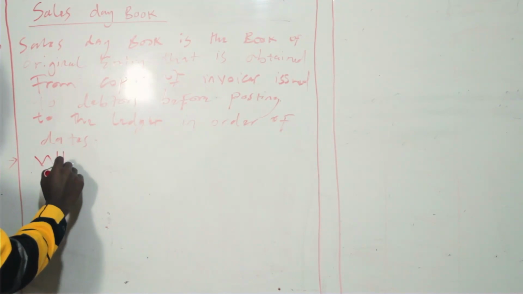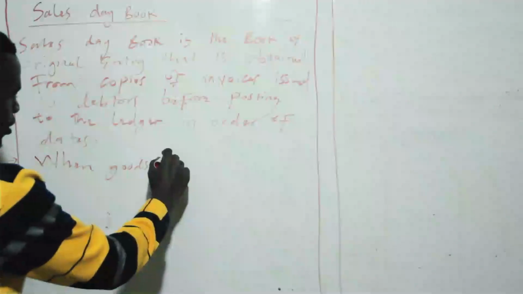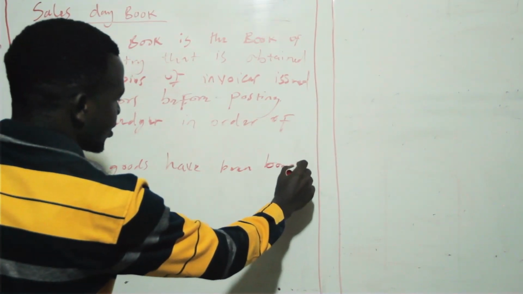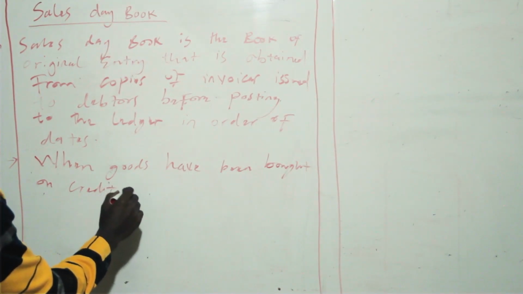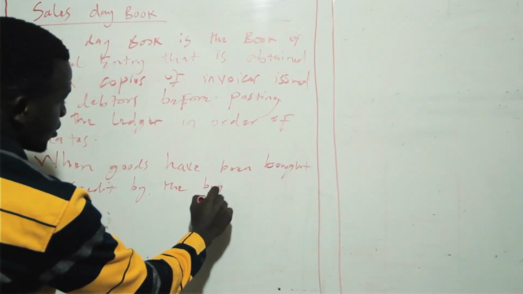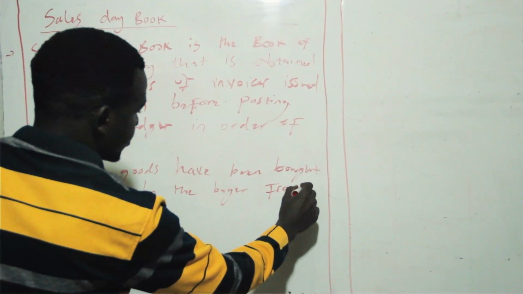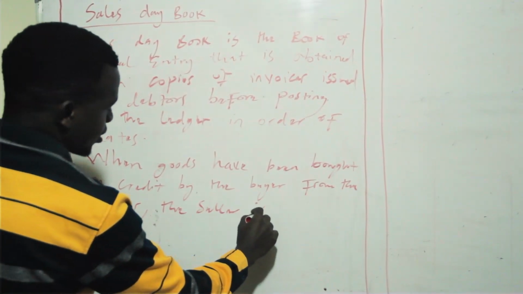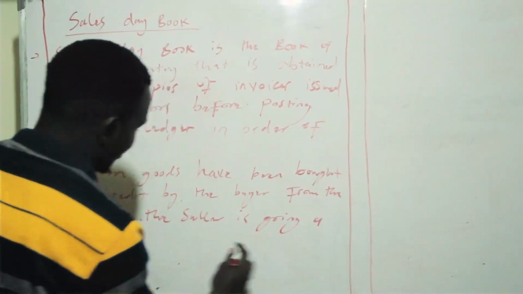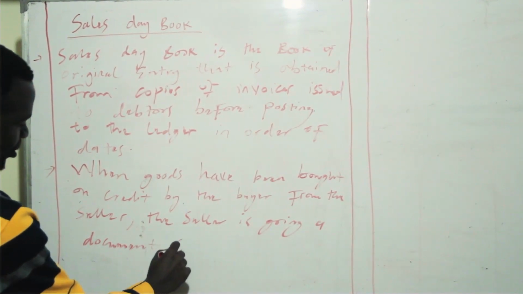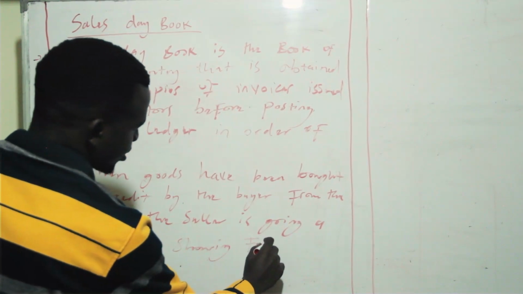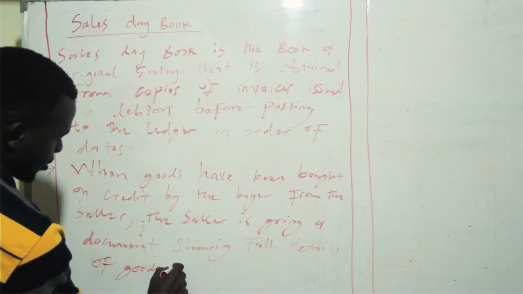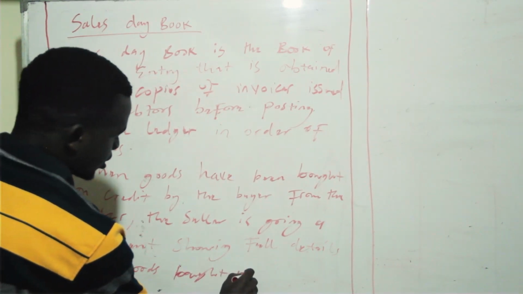So I've said when goods have been bought on credit by the buyer from the seller, the seller is going to send a document showing full details of goods bought and their prices.